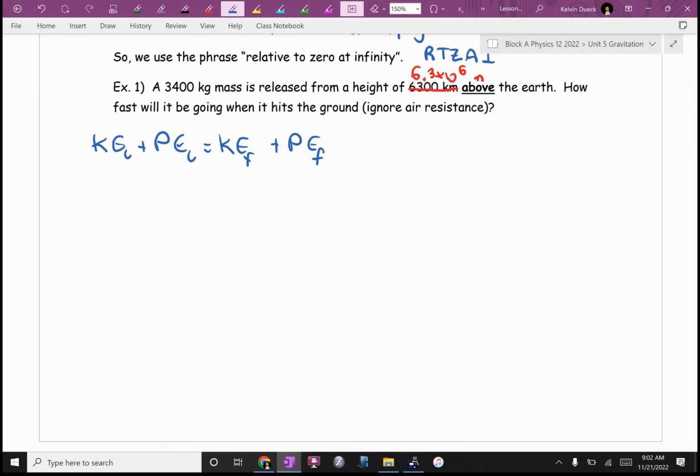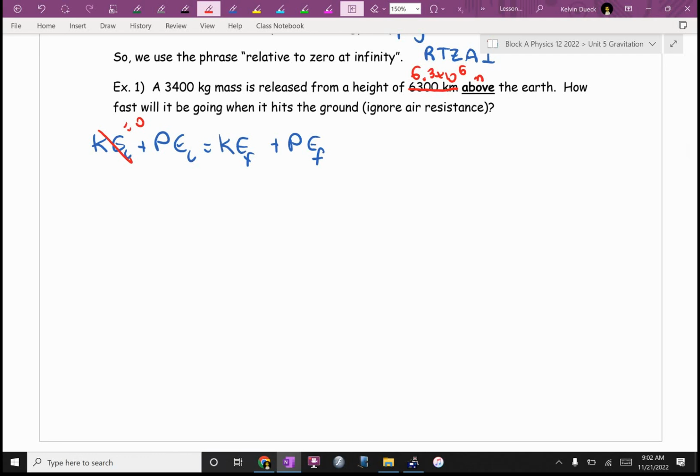Which one of these is the energy of motion? KE. Are we ever at rest? Well, released from a height, I think I can say that. What about potential energy? Are we ever zero?